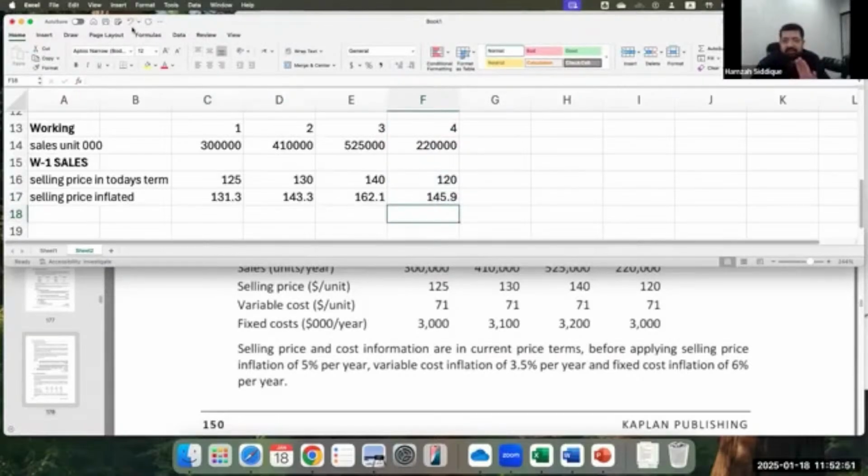This is clear. This inflated selling price I have calculated. Is that clear? Tell me, please.